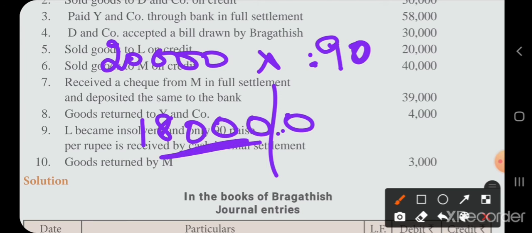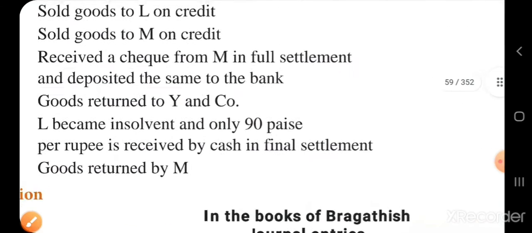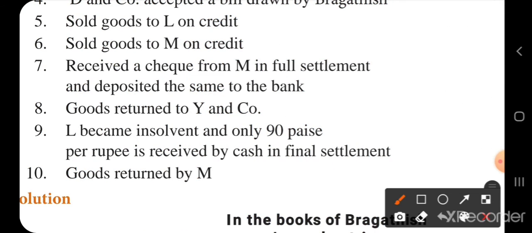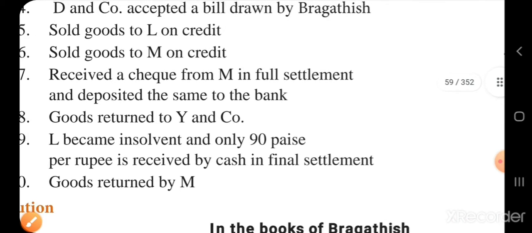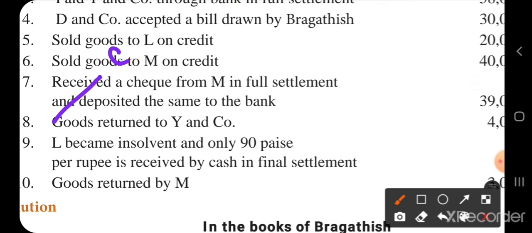This much rupees only Bragadish has received by cash. Now what are the two accounts involved here? Cash received and L account. So cash account and L account.